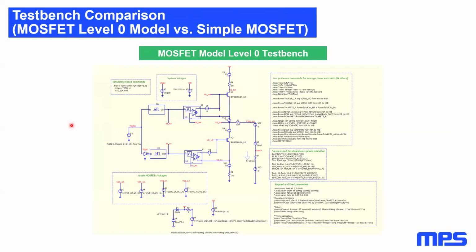This QSpice simulation test bench has been developed with the focus of determining the power dissipation in the high and low side MOSFETs for a half-bridge configuration. This could be, for example, the case of a pump or a cooling fan.